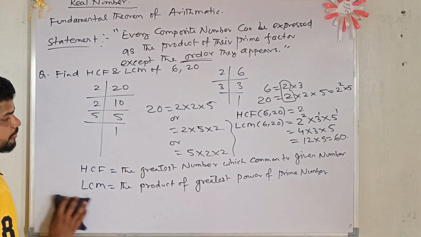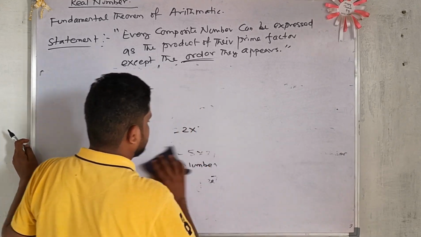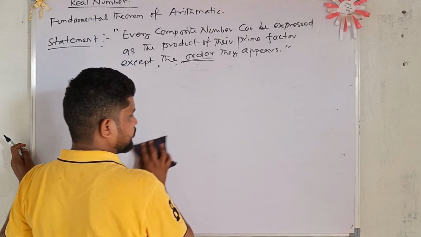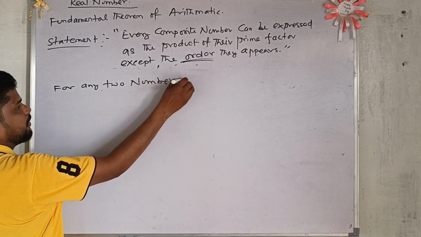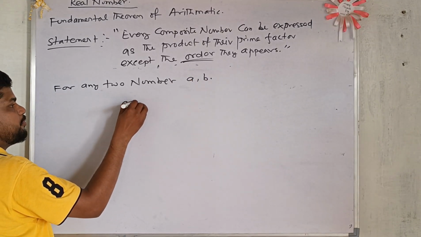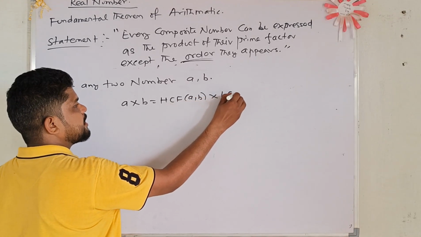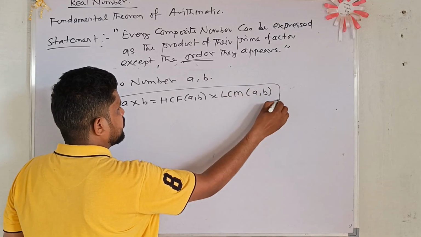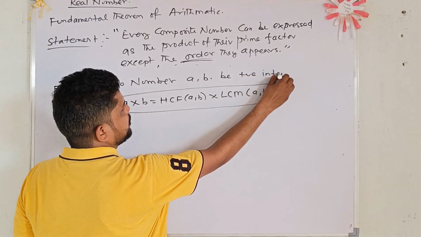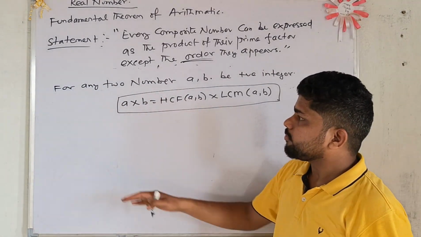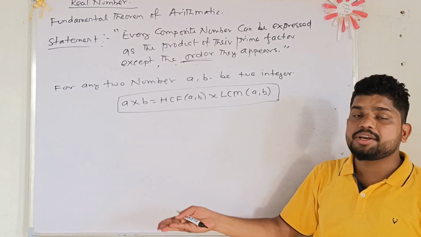One formula is there. Suppose for two numbers A and B, we have a formula: for any two positive integers A and B, the product of the numbers is equal to the product of the HCF and the LCM of those numbers. They need to be positive integers. Let me repeat it for better impact.